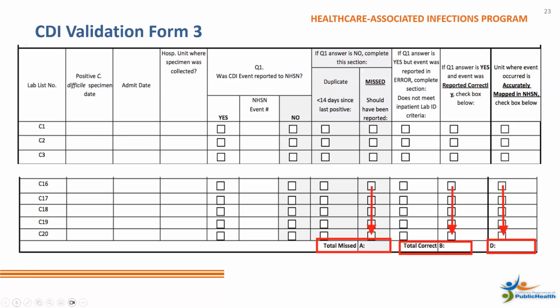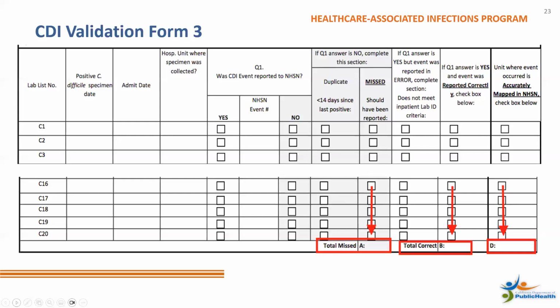Then you'll review your NHSN line list and check yes and include the NHSN event number if the specimen was reported to NHSN as a lab ID event, or check no if it was not reported as a lab ID event. Then you'll answer question 1. If you did not report them to NHSN, we'd like to know if it was a duplicate or missed and should have been reported.